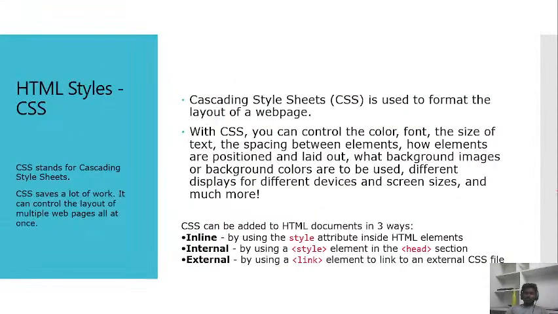So it is used to format the layout of the web page. So with the CSS you can control the colors, font size, text. So just now we discussed these things and all. So by using that style, right?